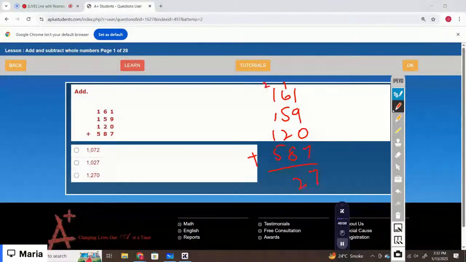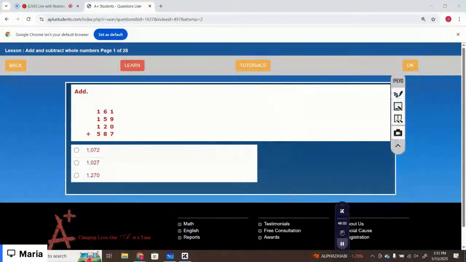Write 2 and carry 2. 5, 6, 7, 8, 9, 10. That is 1027. Option number 2 is the correct option.